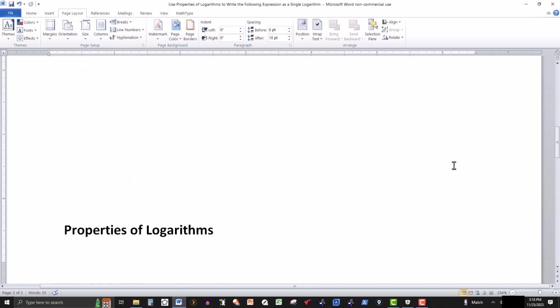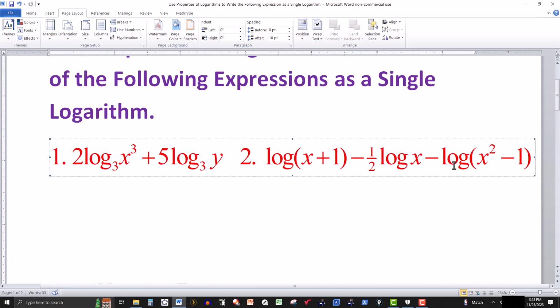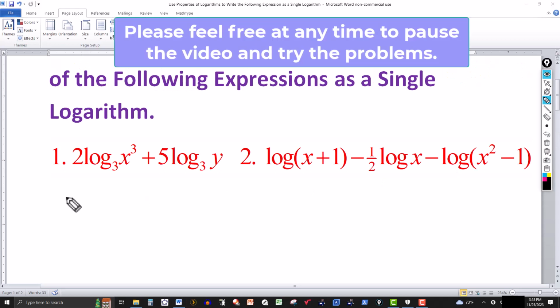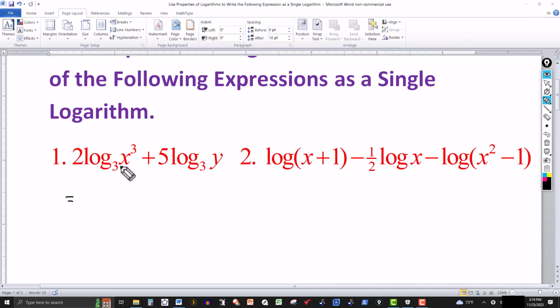So let's go to the main problems here. For the first one, we have the sum of two logs, and we want it as a single expression. So to use the properties that I just went over, we want the coefficients to be either 1 or negative 1, depending on which one you're using.